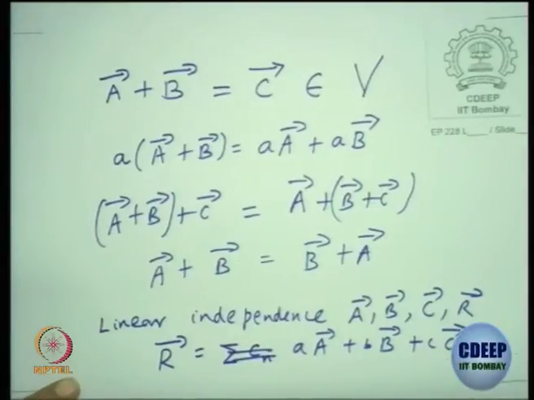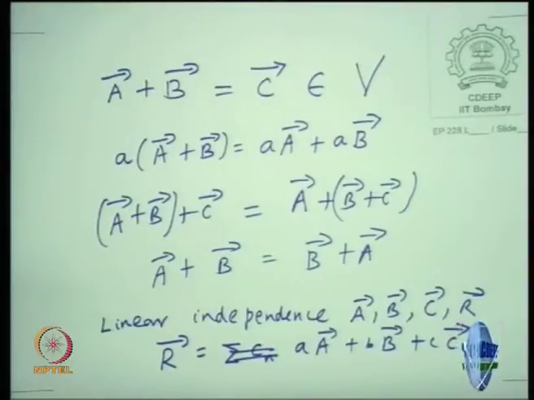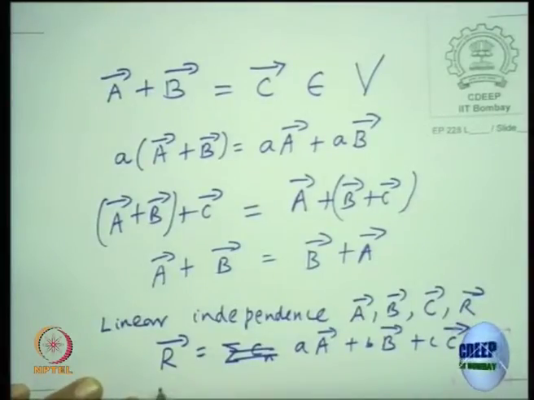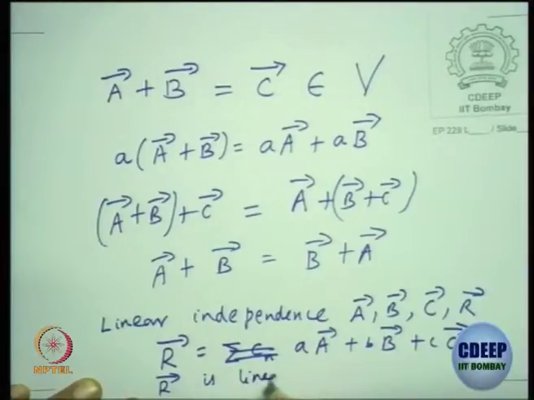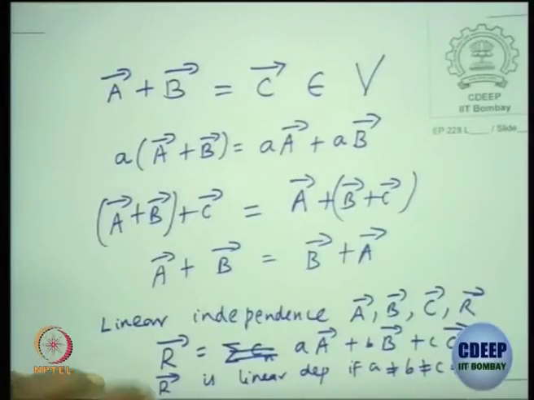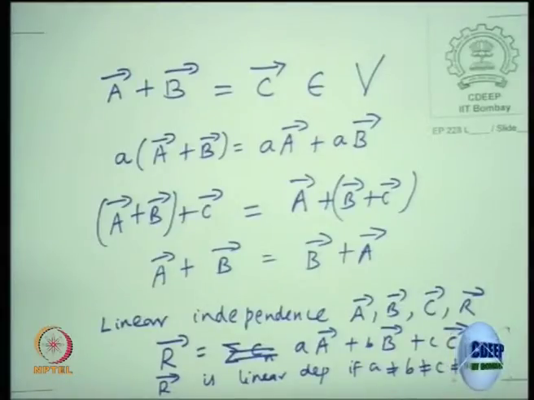You all learned this in your math course, right? So R is linearly dependent if A, B, C are not equal to 0. A, B and C could be equal, but I mean those scalar coefficients can be non-zero. Then you will say it is linearly dependent.